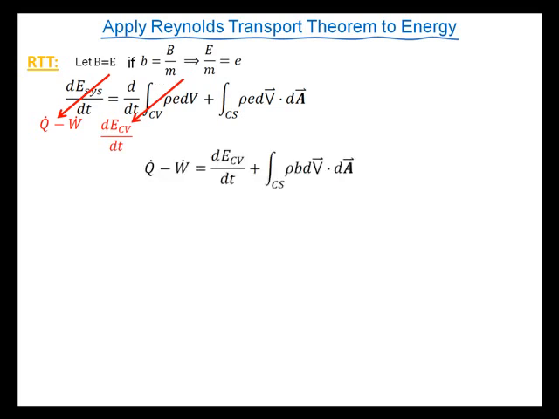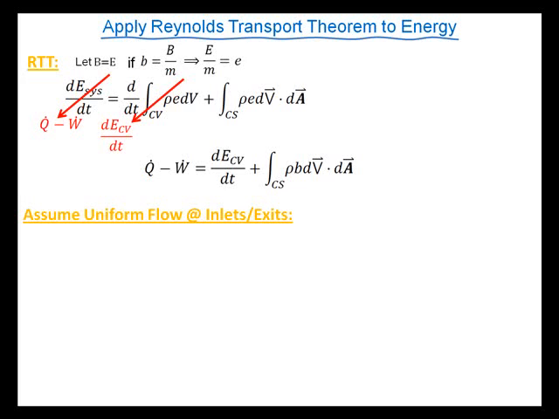Let's start applying our assumptions. The first assumption we're going to make is that it's uniform flow at the inlets and exits. And this allows us to simplify that integral over the control surface with that dot product, because what that means is basically we're taking the average values of the velocities going in. We're saying the velocity going in, the velocity going out, that they're perpendicular to the control surface, which means they're parallel to the outward normals of that control surface.